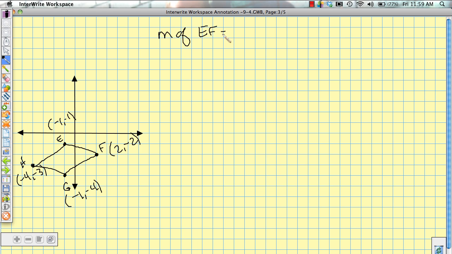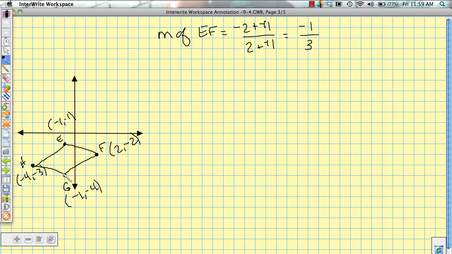So the slope of EF, we have -2 minus -1 over 2 minus -1. So the slope of EF is -1/3.